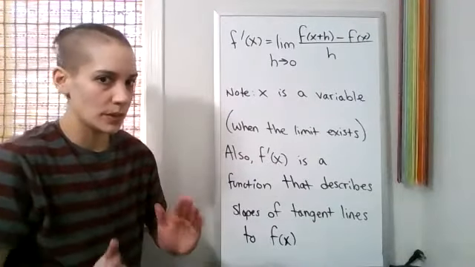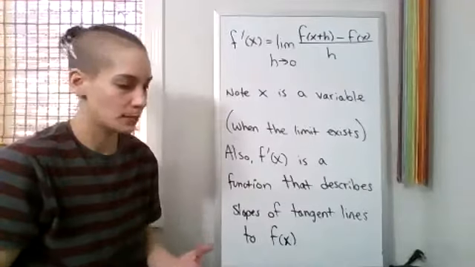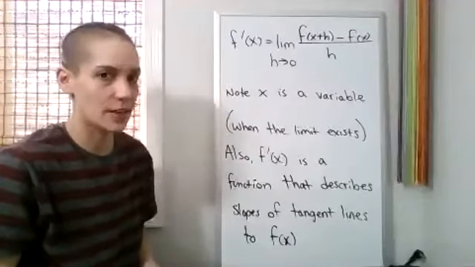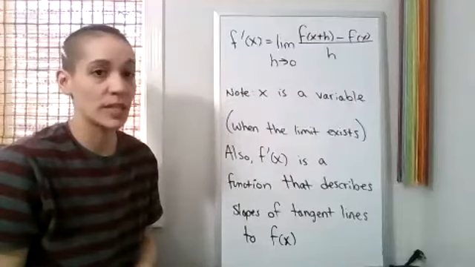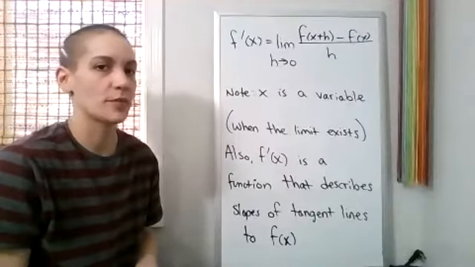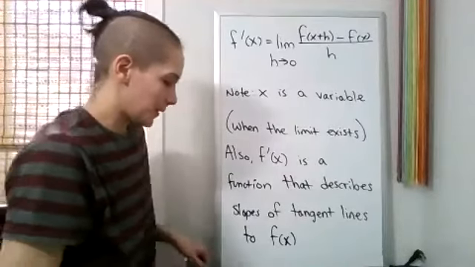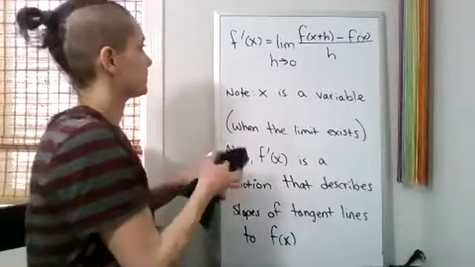Okay, so the first one we're going to work through is, we're given a function, we'll find f prime of x. Then the next one, we're given a graph, and we'll draw f prime of x. All right, number one.